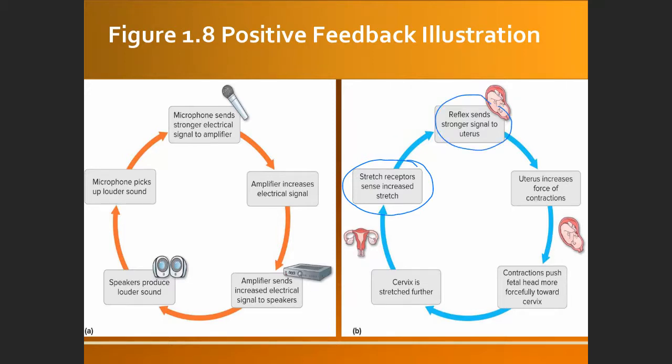The receptor will send the information to the control center, and the control center will produce the order, which goes to the effector, the muscle of the uterus, the uterine wall muscle. And that muscle will increase the contraction more. So the stimulus increases, and the response also increases.